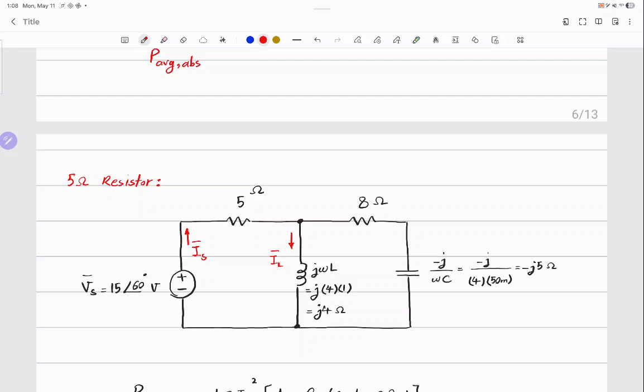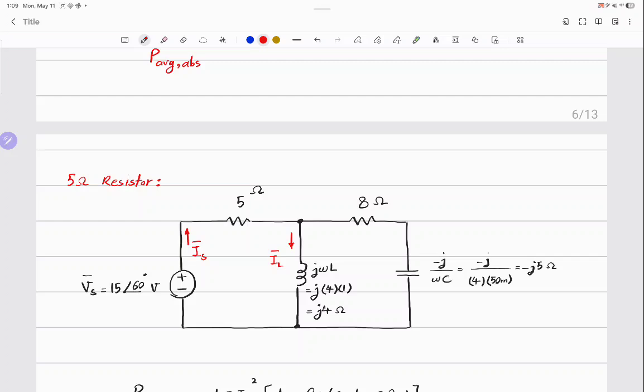The current that's passing through the inductor is just passing through the inductor. But Is is passing through a resistor, an inductor, a resistor, and a capacitor. So it's a combination of components. I can predict what the phase is, and they're not going to be in phase.